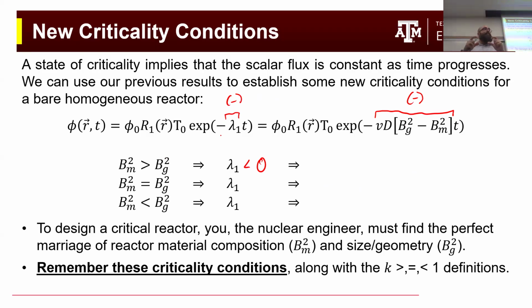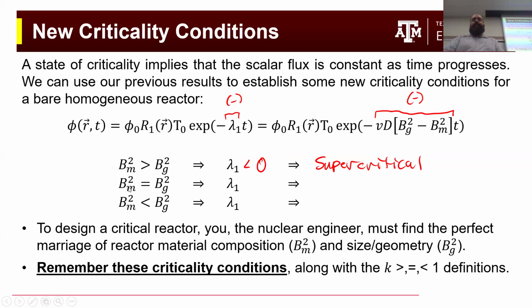So that means I have a positive exponential with time, which means that my neutron population would increase exponentially, and that would mean that the system is supercritical. So if my material buckling is bigger than my geometric buckling, or my lambda 1 is negative, then I have a supercritical system.